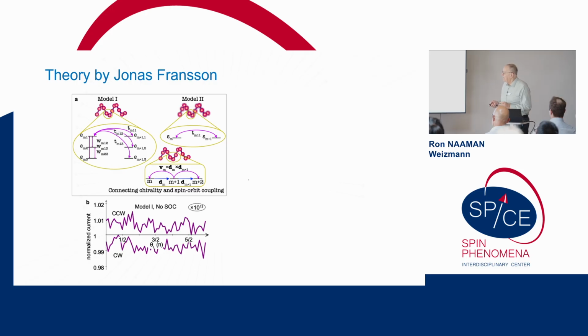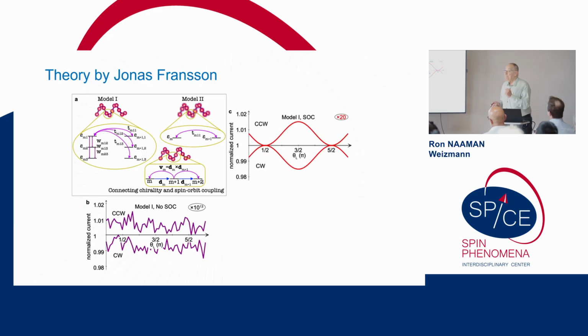So in the first case, he took a system where there is no spin-orbit coupling, neither on the molecules nor in the substrate. And what we see is very weak spin polarization, but no angle dependence.